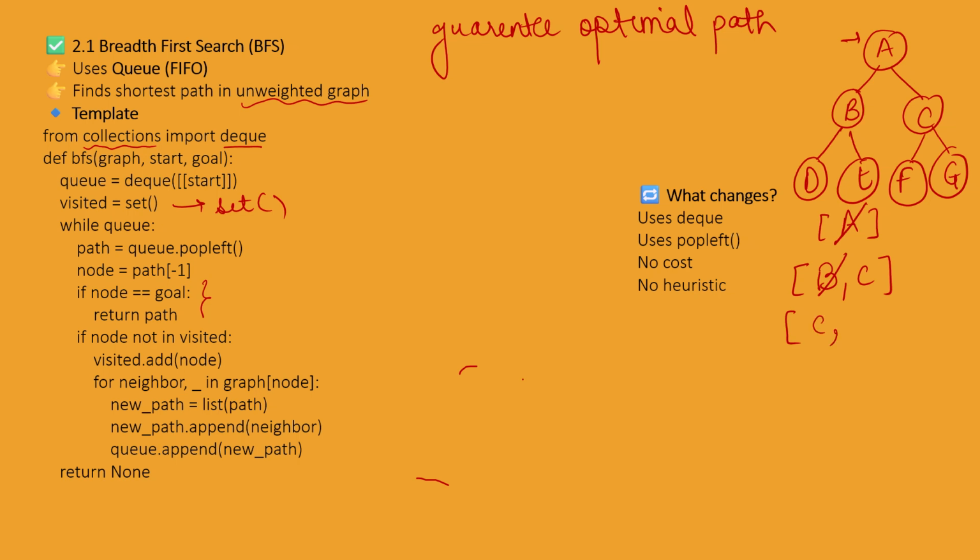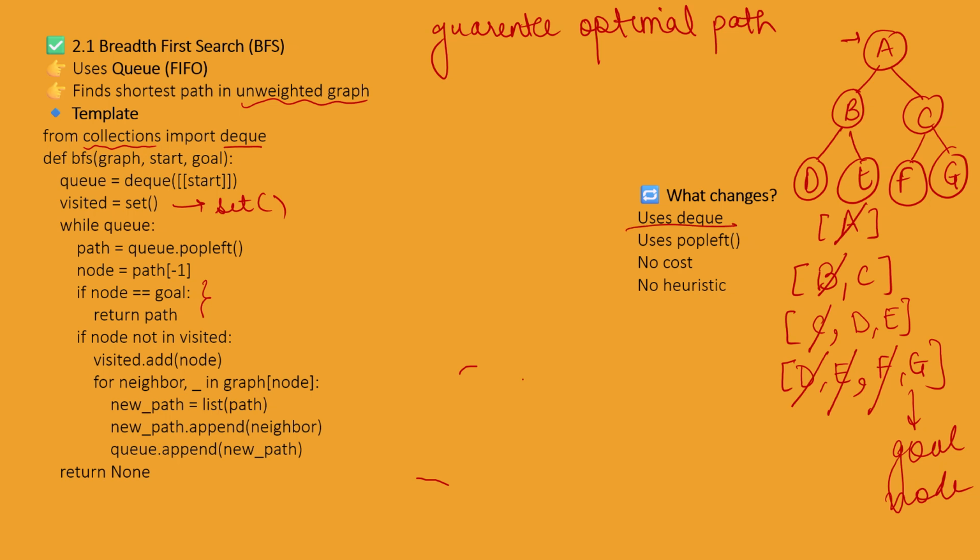Now, the neighbors of B are D and E. Then you pop left, then you get C. Neighbors of C are F and G. No neighbor for D, pop E, no neighbor for E, so no addition. Pop F and you reach the goal node. So this is how it works.